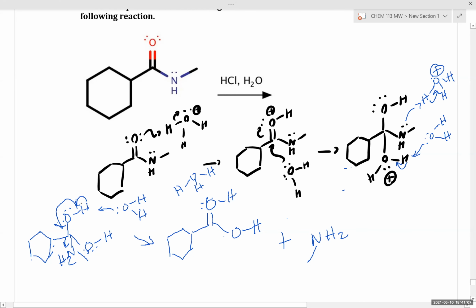How do we get a neutral product? Would anyone in the class like to provide input? How do we get a neutral isolable product from this mechanism? So we have this protonated carboxylic acid, and all we have to do is pull off a proton. We can either have water or our amine pull off a proton. Either would work.